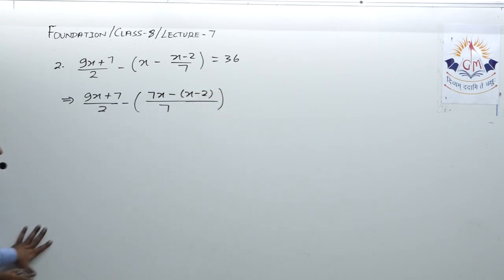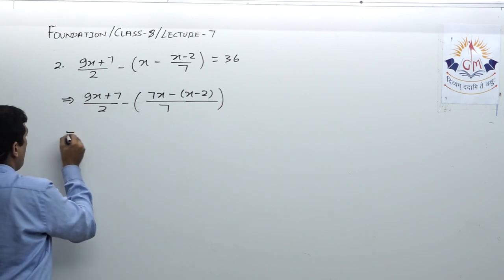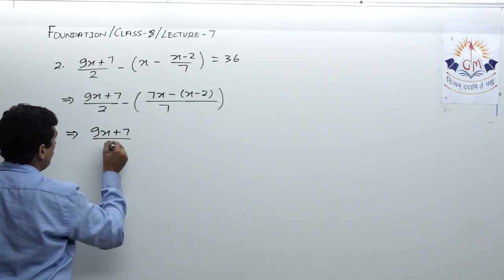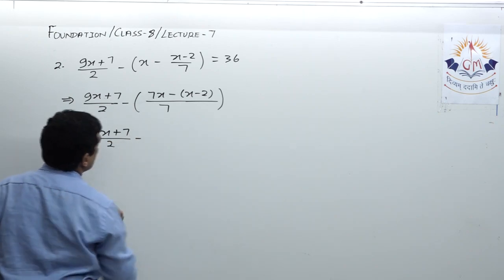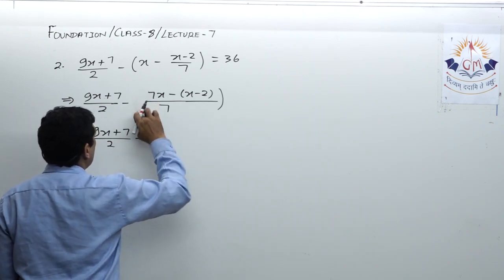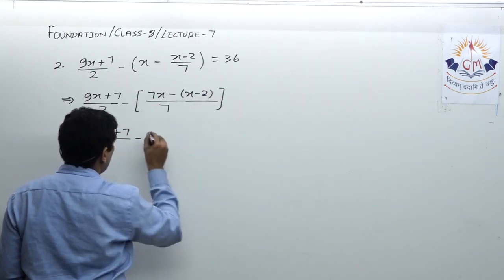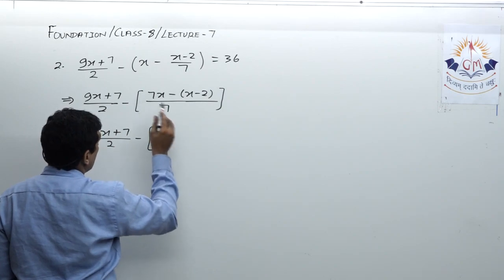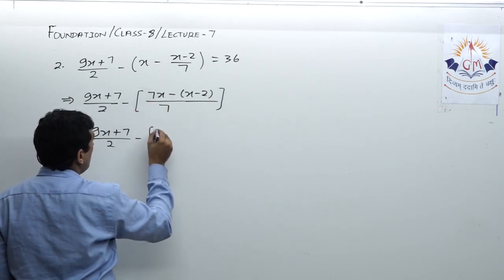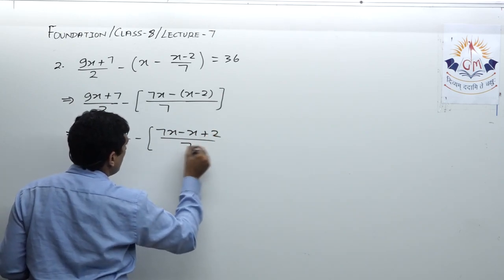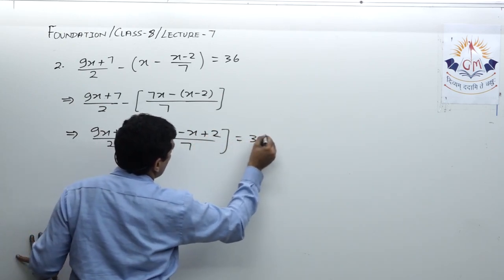So next is 9x plus 7 upon 2 minus, here I'm taking this bracket, so this is 7x. So 7x minus x plus 2 upon 7 is equal to 36.